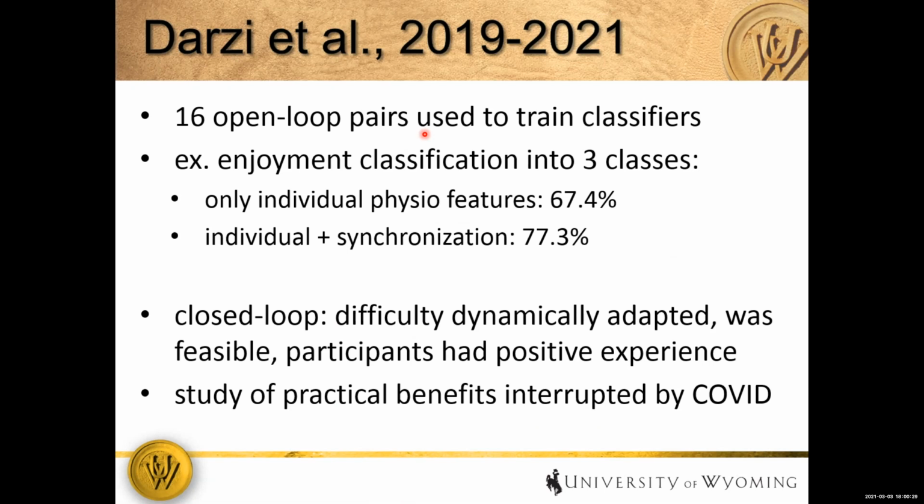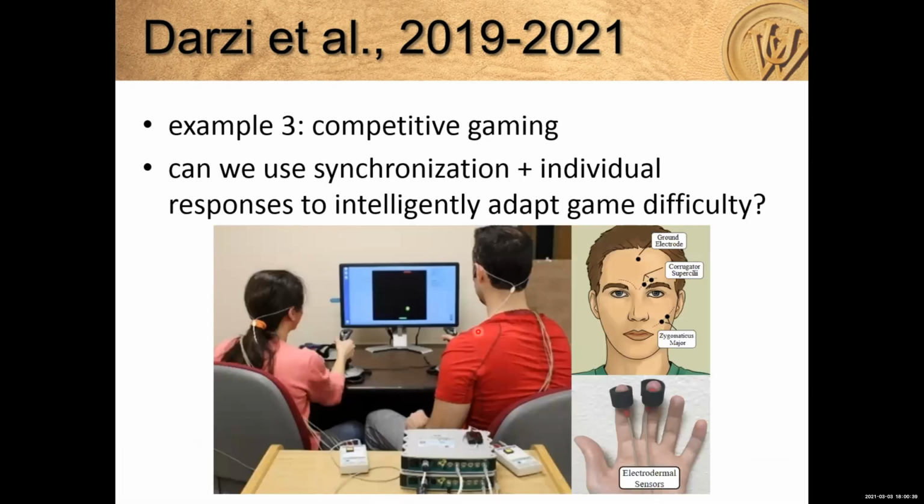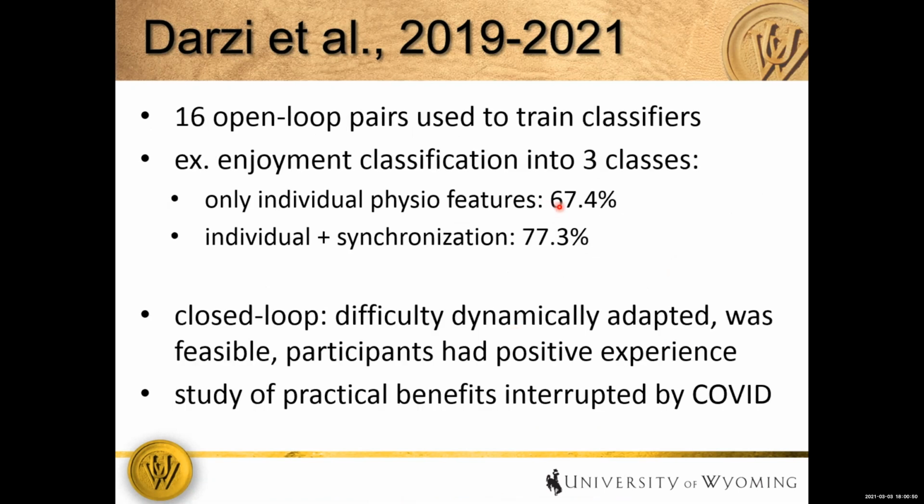We found that if we do enjoyment classification using only individual physiological features, where we pool each individual participant's physiological data but don't take into account the interaction between the two, we would get about 67.4% 3-class accuracy.